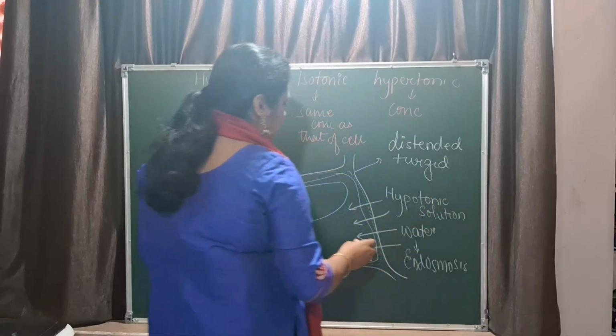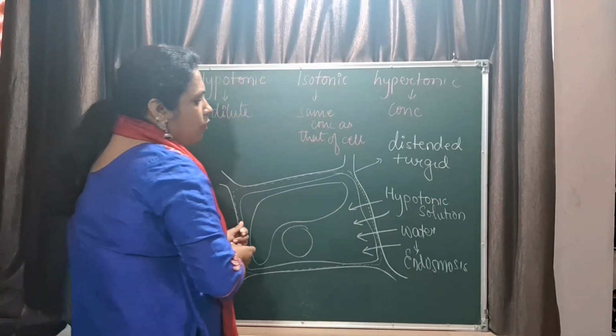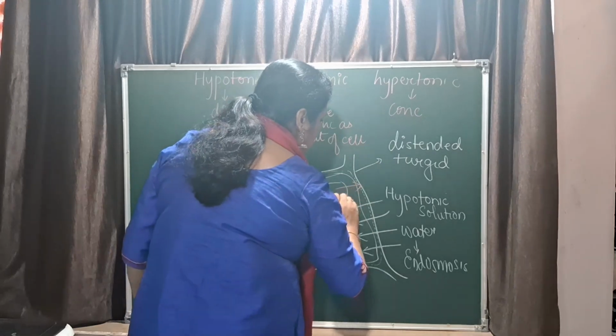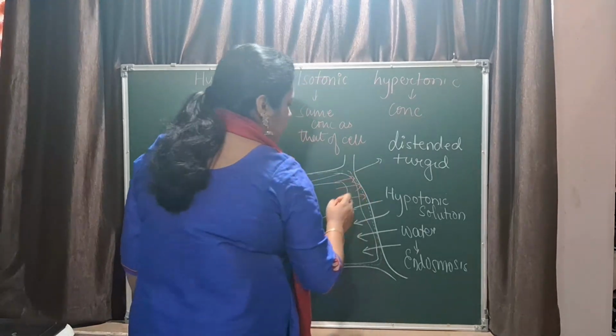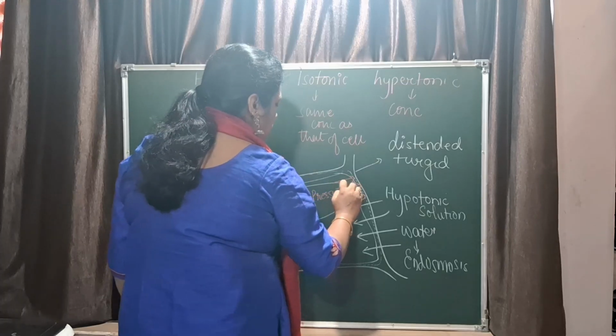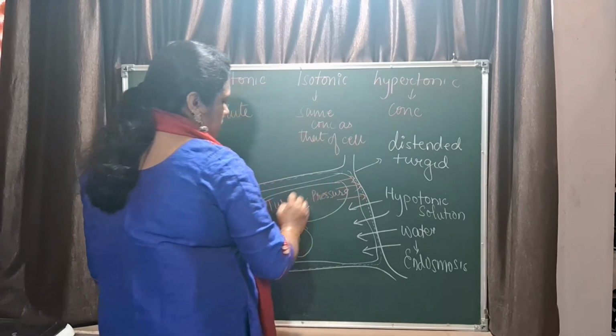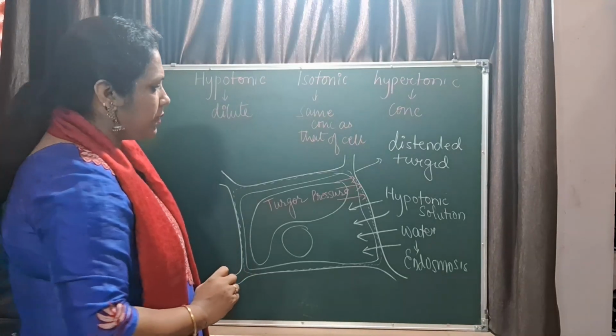The pressure of this fluid on the cell wall, the pink thing, is pressure. This is called the turgor pressure.